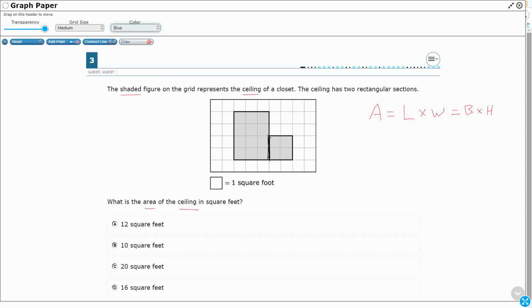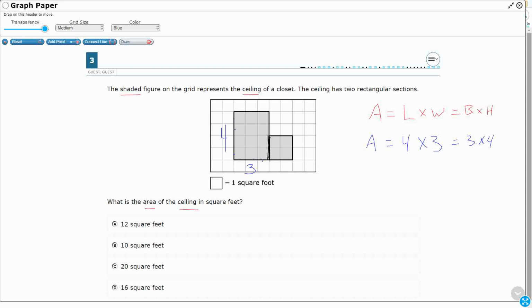This rectangle has a length of 1, 2, 3, 4, because there's 4 squares down, and a width of 1, 2, 3. Okay, so if I were to find the area of that rectangle, I would say, well, that would be 4 times 3. If I wanted to do the base is always the bottom, that would be 3 times 4.